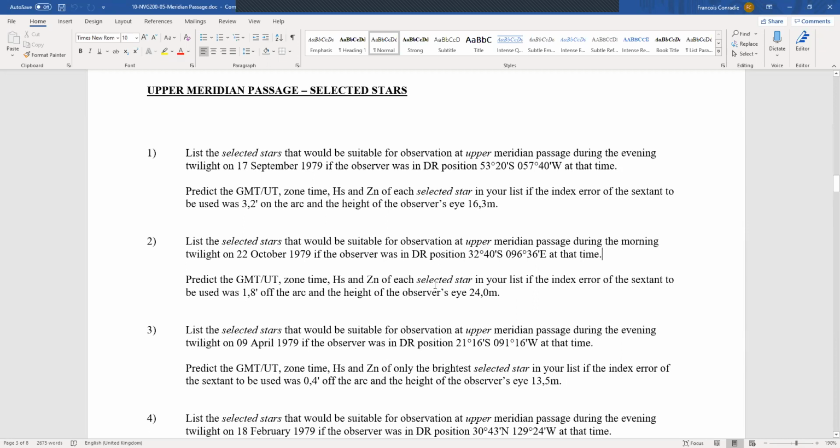So that means there could be more than one. We could have one, we could have two, we could have three. In this case, we'll have two. Okay. So we need to get the GMT, the zone time, the predicted sextant altitude, the azimuth for each selected star in the list. And then it says you've got an index error 1.8 off the arc, and the height of eye is 24 meters.